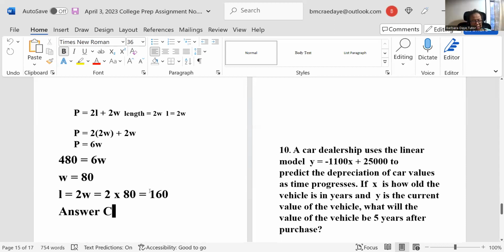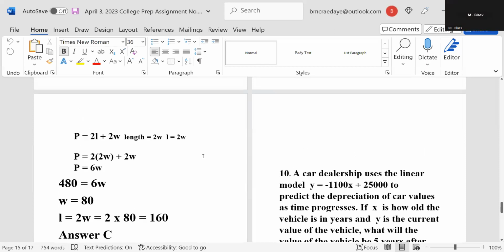If you want to check, you take two of these lengths plus two of the width, and they should add up to 480. And that's what they do, because 2 times 160 is 320, 2 times 80 is 160, and 160 and 320 does add to 480. That's the perimeter they gave us, right? That's how you can check it.